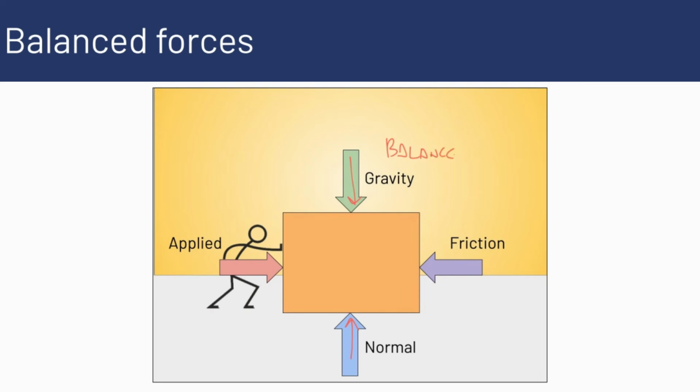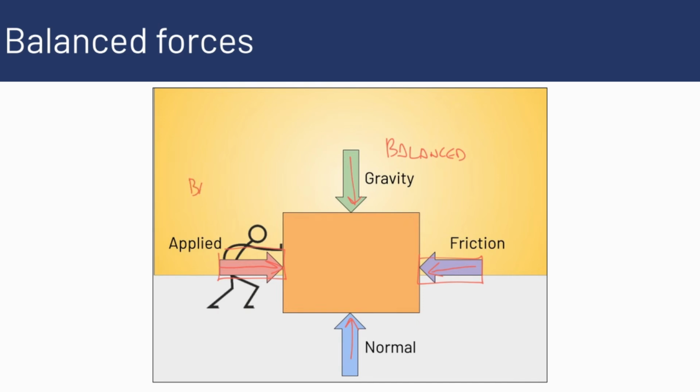We have the applied force pushing the box to the right, and we have friction opposing the rightward motion, and so these arrows now are the same length. So the force is balanced.